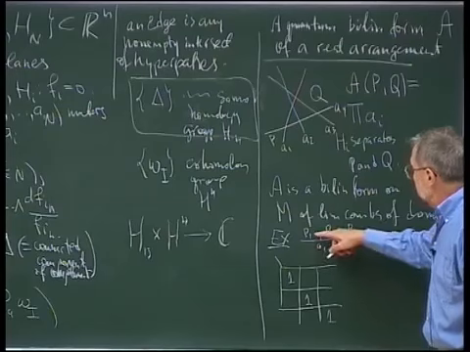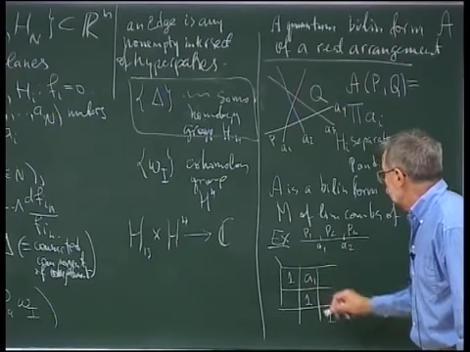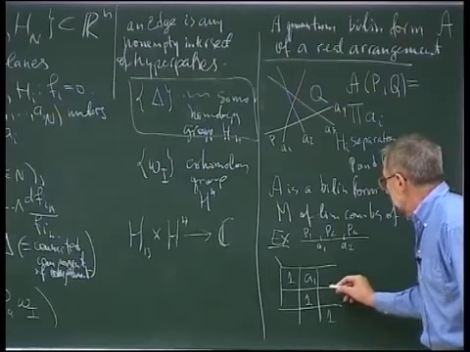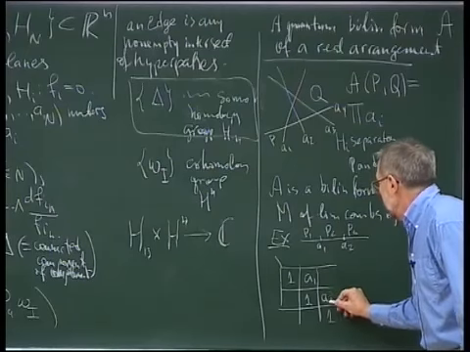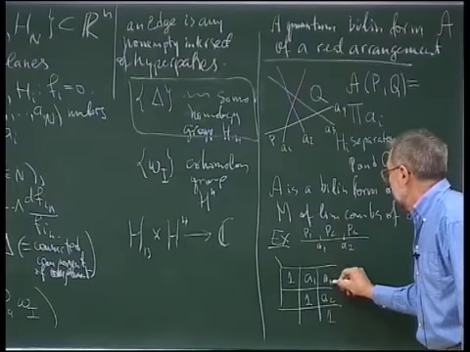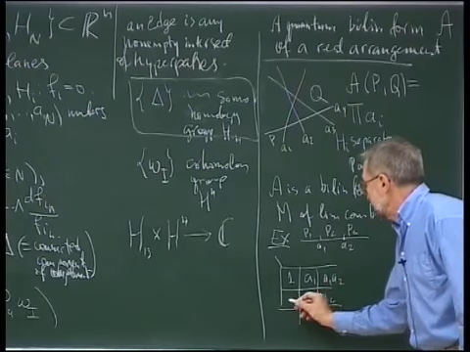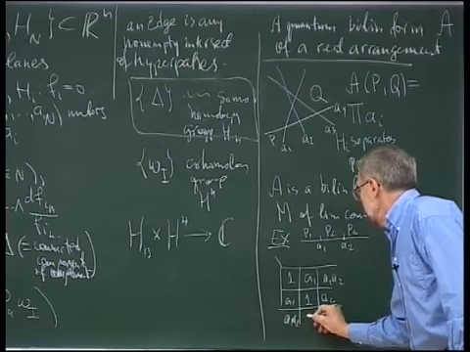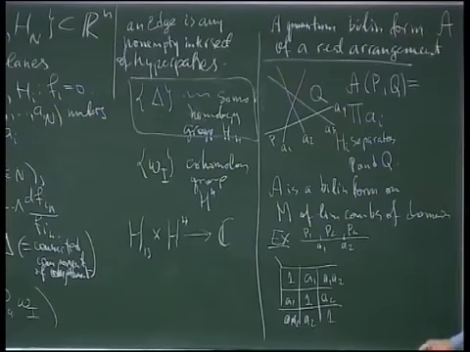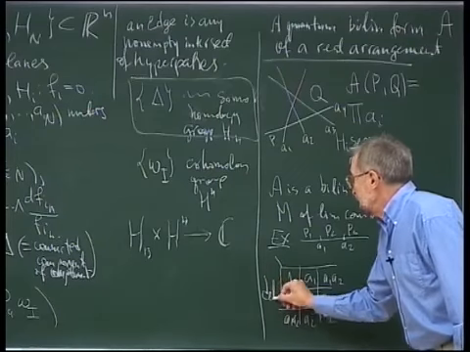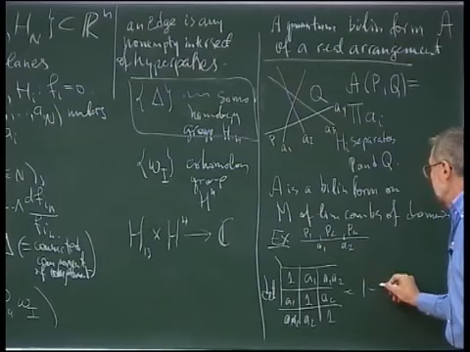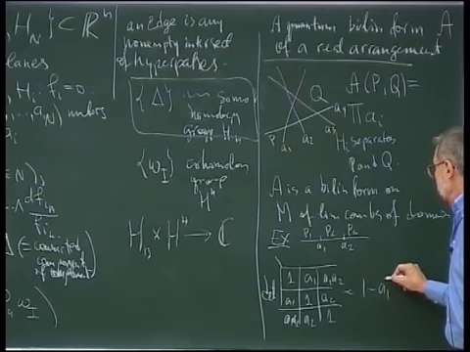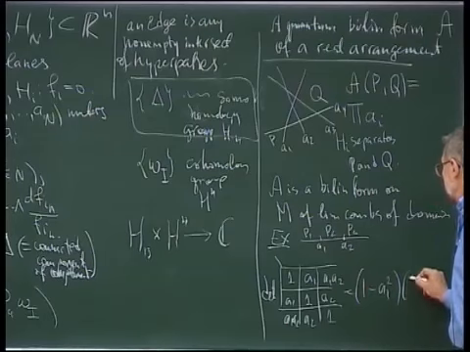Now, P1 and P2 are separated by A1. P2 and P3 are separated by A2. P1 and P3 are separated by both hyperplanes, A1 and A2. So the form is symmetric. It turns out that its determinant is equal to (1 minus A1 square)(1 minus A2 square).